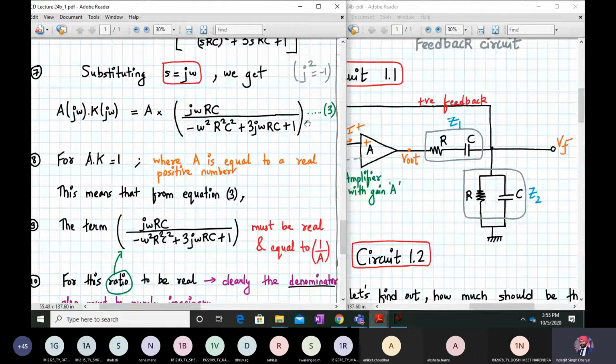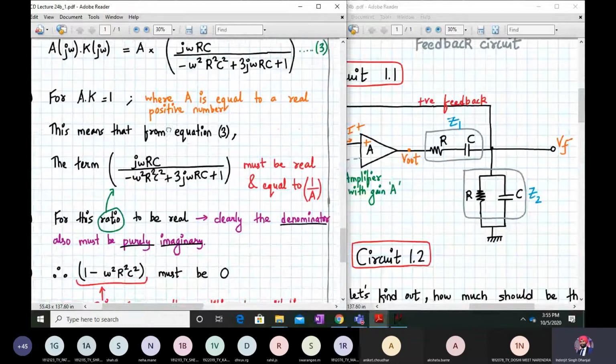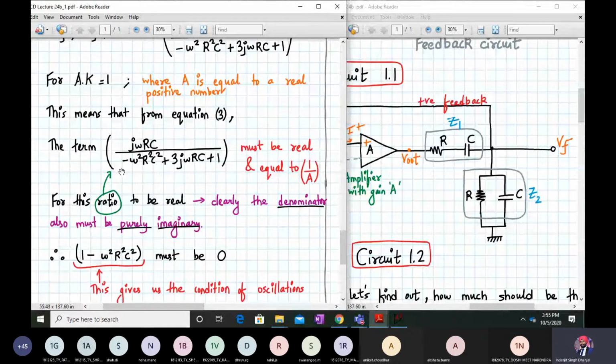If I can prove that this is equal to 1 upon A, that means A into K will be equal to 1. So this ratio should be real, and this ratio will be real whenever the denominator is purely imaginary. Did you understand this point?